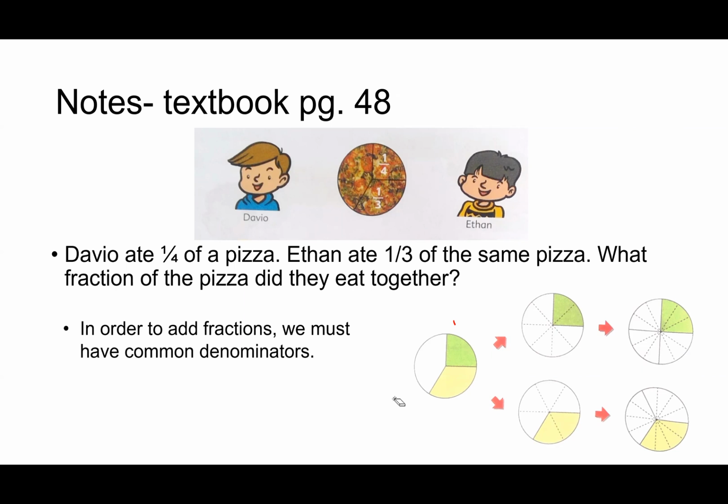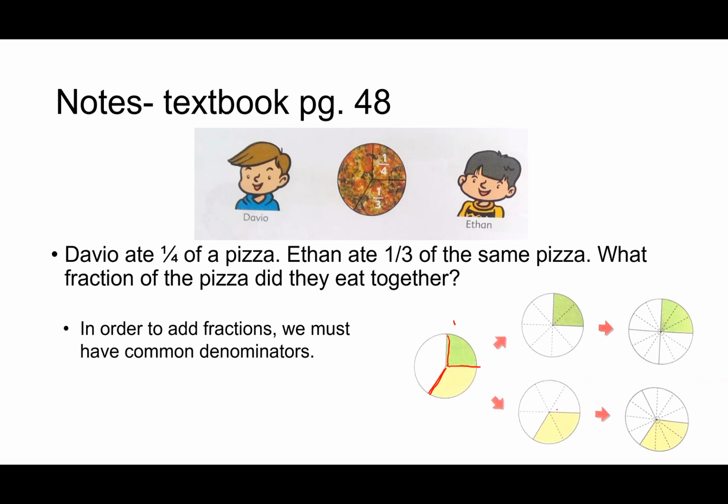Common denominators means parts that are equal size. All right. Right here, we've got a pizza that's divided up into 1/4 right here and 1/3 right here. Are those equal sized? No, they definitely aren't.